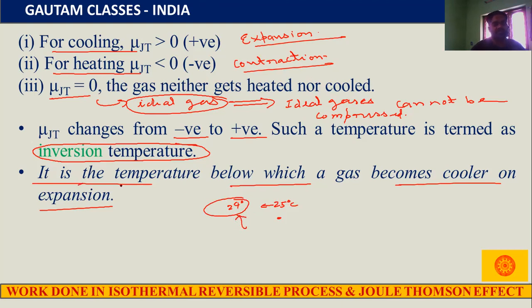Above that temperature, the gas will show the heating effect. That means if any gas is at a higher temperature than the inversion temperature, we cannot liquefy that gas. Any gas with a temperature more than the inversion temperature can never be liquefied.